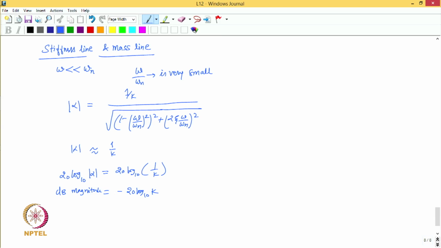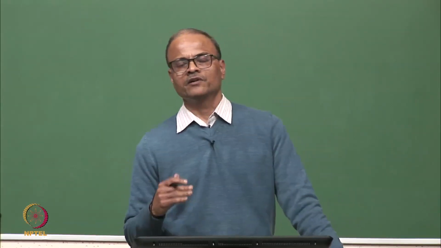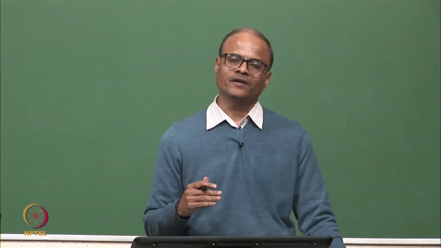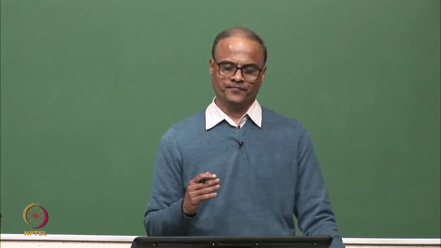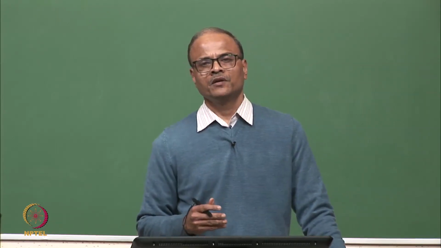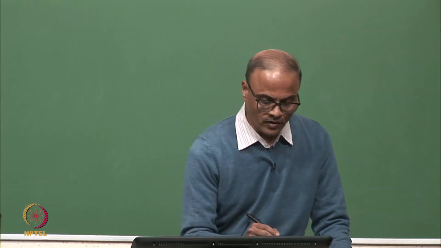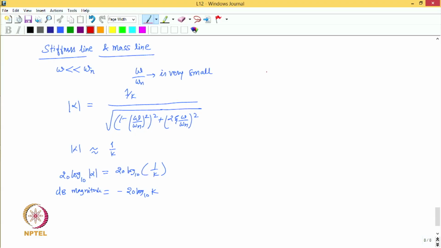Therefore it represents a line which is parallel to the frequency axis, the x axis. So the magnitude of the FRF can be approximated by a line parallel to the frequency axis, making an intercept of minus 20 log 10 k on the y axis. Because it is dependent only on the stiffness of the system, this line is referred to as the stiffness line.